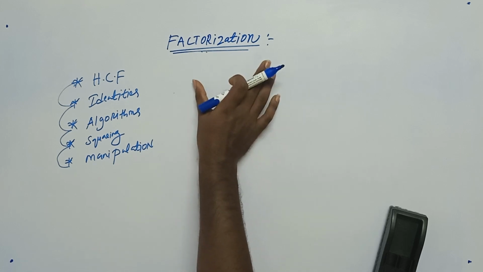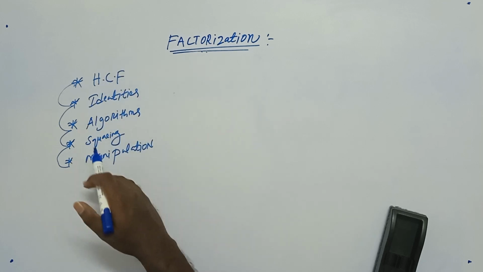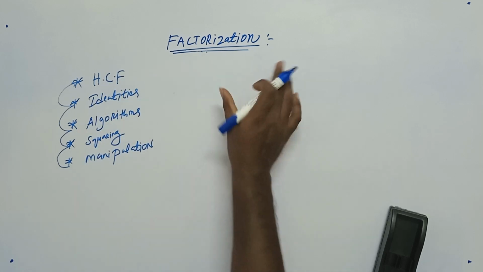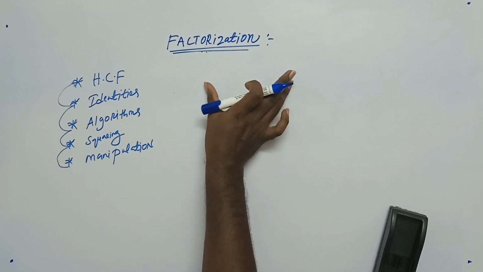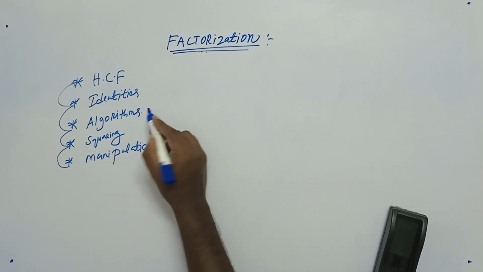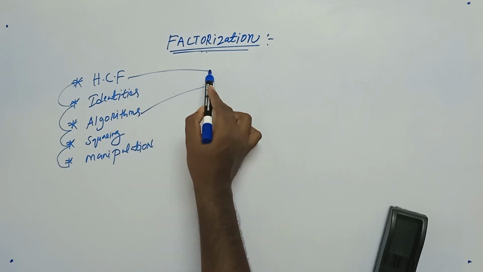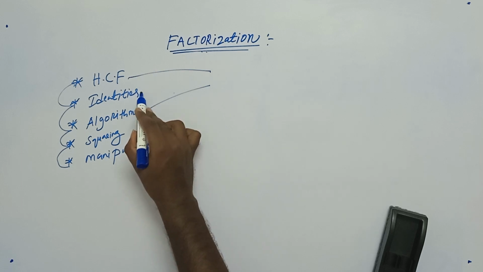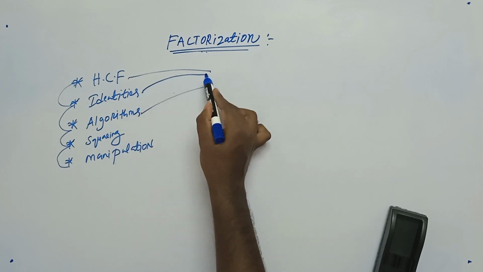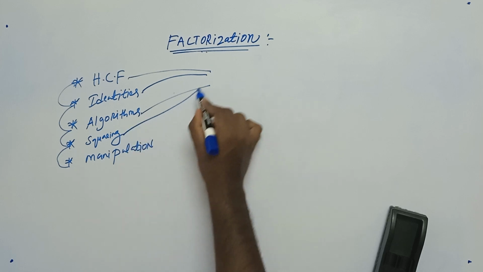So the given expression depends upon what we are going to use here. A given expression might be solved only by algorithm. Another expression can only be solved by HCF. A given question might be solved only by identities. Another problem can only be solved by squaring.